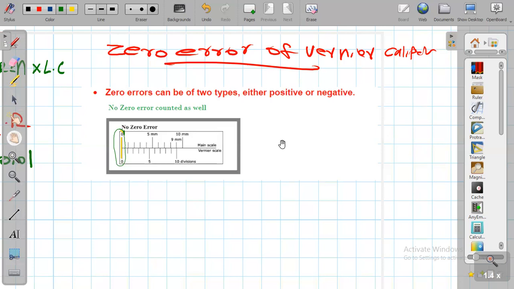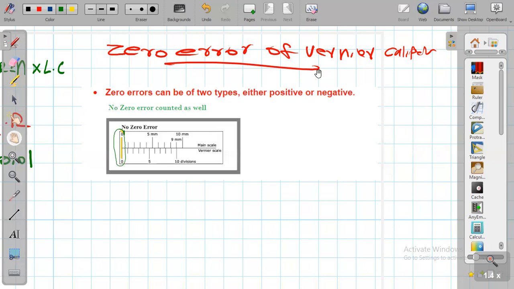I don't need an artist here, I need a physicist. Done that? Good.